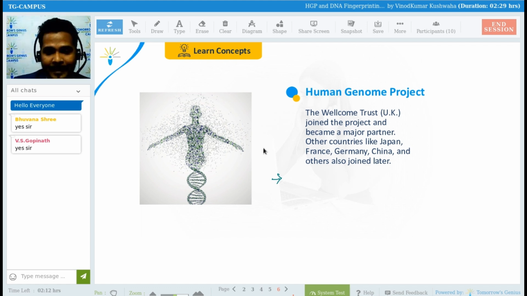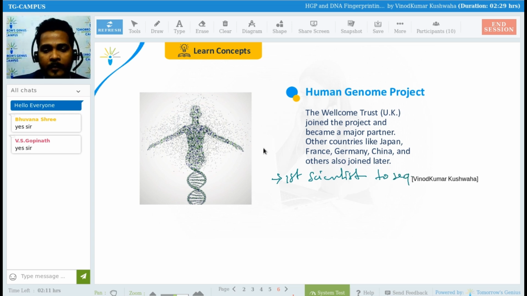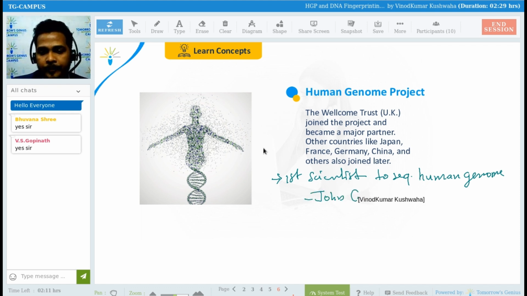Let me write: the first scientist to sequence the human genome is John Craig Venter.